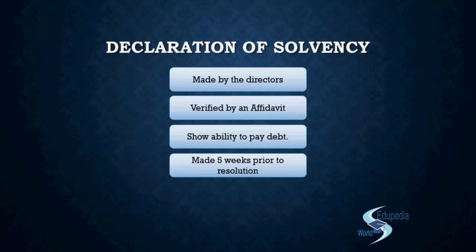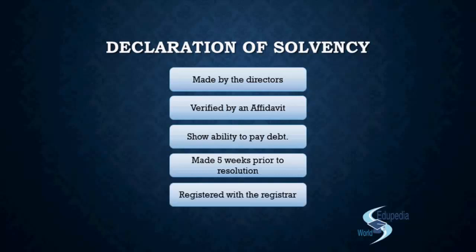So before you pass that resolution, you register with the registrar that yes, we are going to pass the voluntary winding up resolution, and this is the declaration of solvency that we have, right? So the next heading on your screen is that it should be registered with the registrar, that is prior to the date of resolution again.